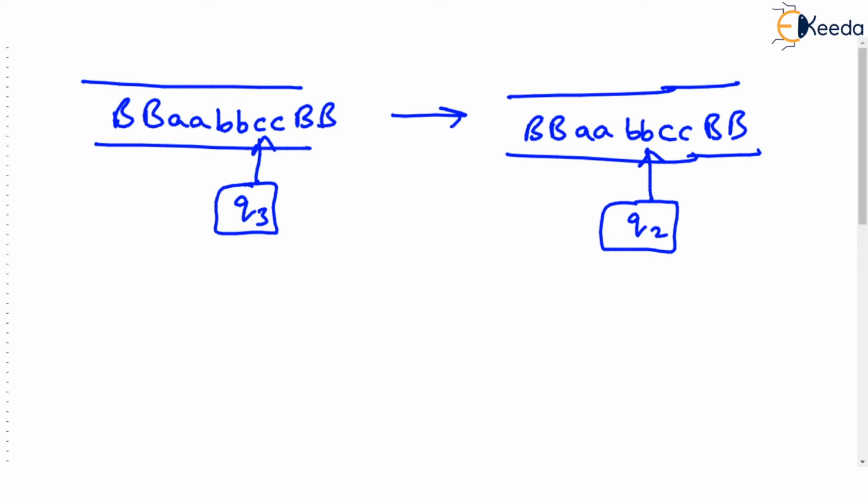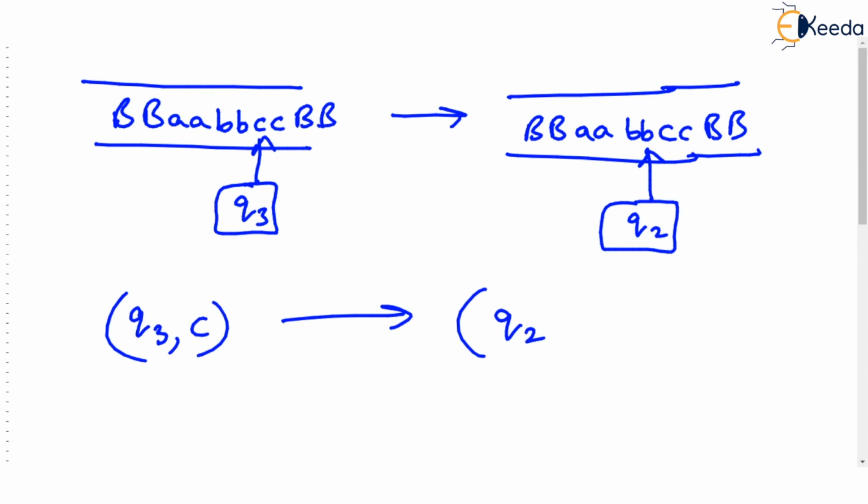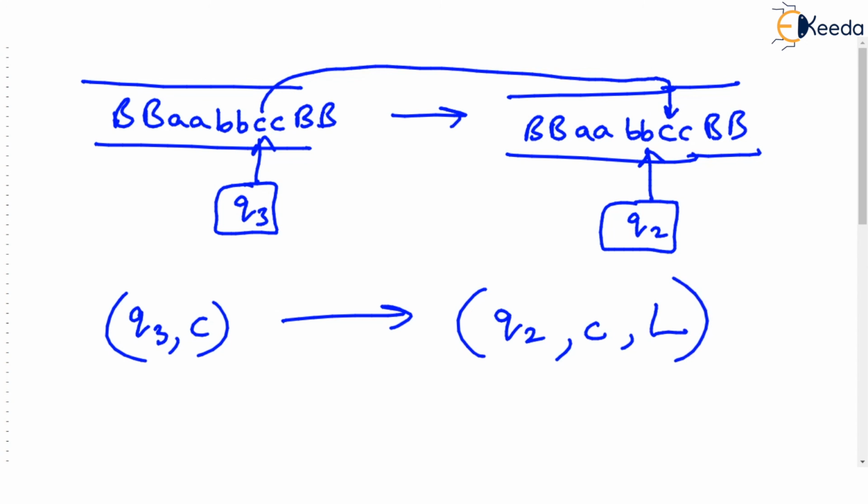How do you describe this? You may describe this as Q3 has read C, but this resulted in going to Q2, changing the state and keeping that C as C. You can see that C was not changed, it was kept as it is, but the head was moved to the left, and we are back to the previous character.